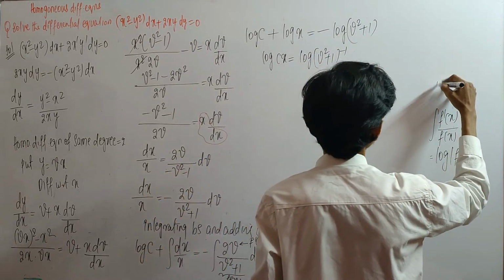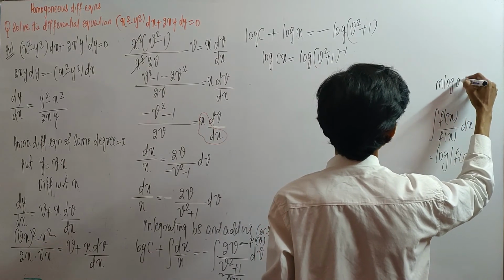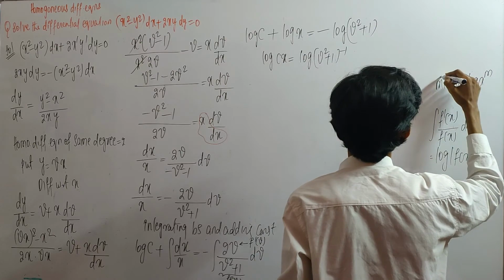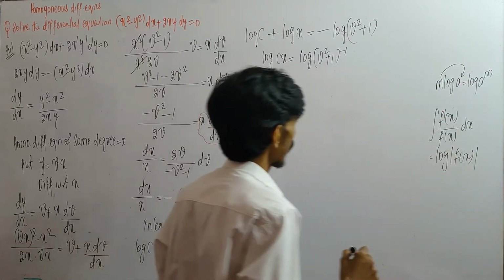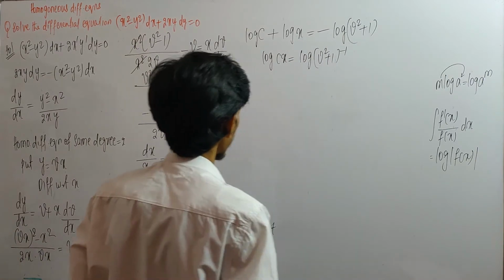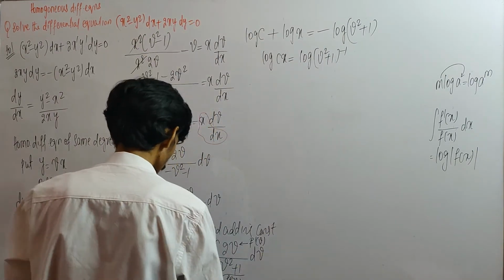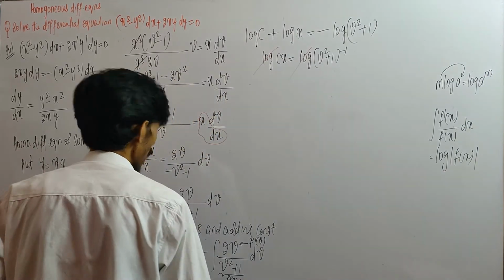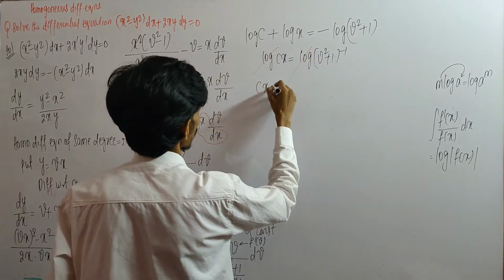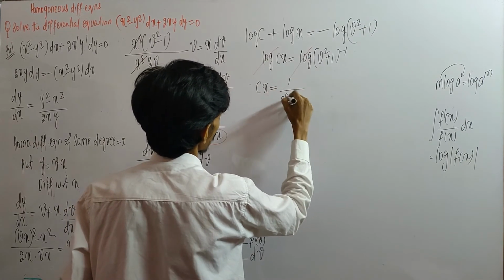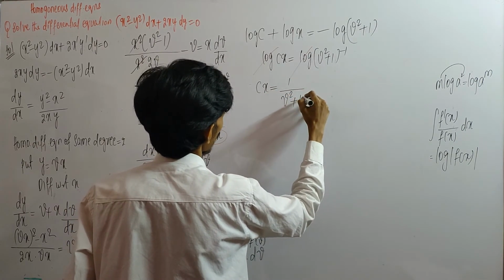Since we know that m log a value is log a power of m, this minus 1 will become the power of this v square plus 1. Now this log and this log will get cancelled. We have cx is equal to 1 by v square plus 1.